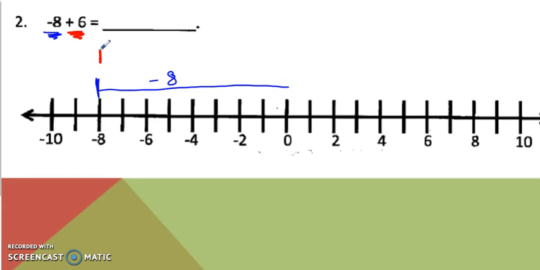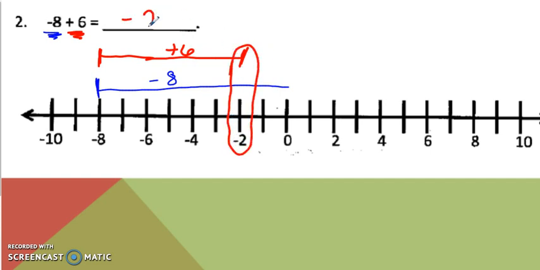So I will start where I stopped, which was negative 8, and go 6 places to the right. 1, 2, 3, 4, 5, 6. And I write plus 6 here, and where we end is our answer. Negative 8 plus 6 is negative 2.